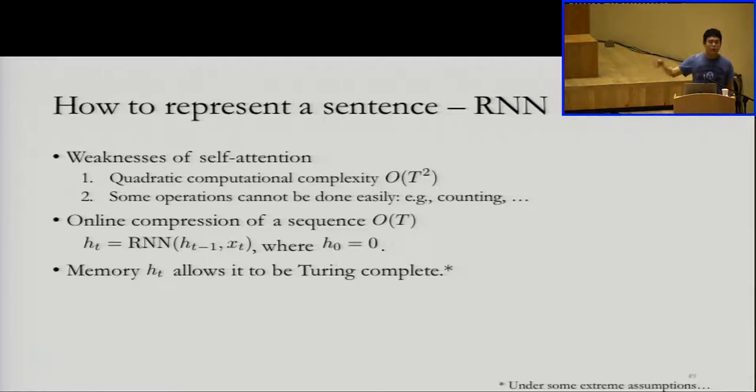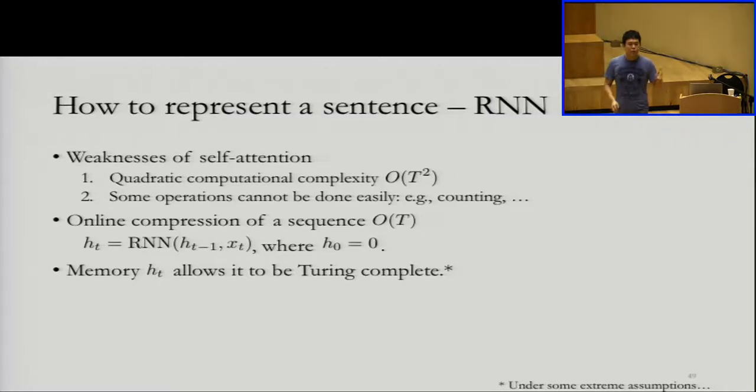So that's where the recurrent neural net comes in. The recurrent neural net is yet another node in the computational graph that's going to process the sequence in an online manner. It's going to read the sequence one token at a time, maintaining its own memory. So it's going to have some kind of vector representation, and it's going to update it every time it consumes one token. Then it goes all the way through the sequence, and the memory vector you get at the end, which I call h_T here, is going to be the representation of the entire sequence.